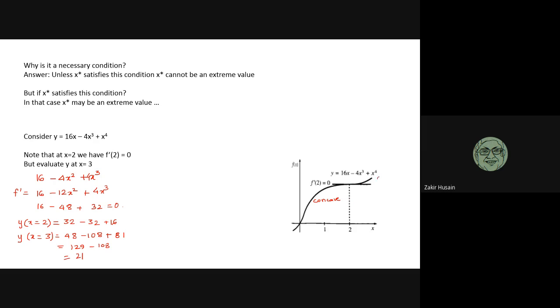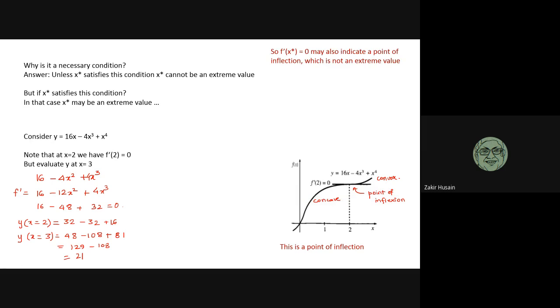And it is going up like this, so it is convex after this point. Okay, so when you are making the switchover, the switchover point is called the point of inflection.